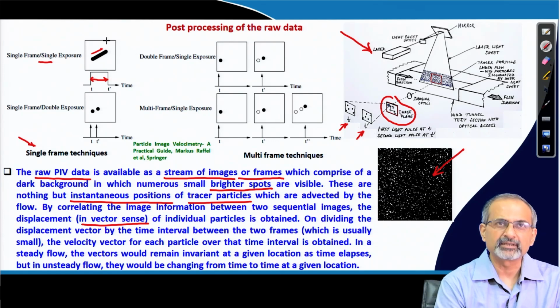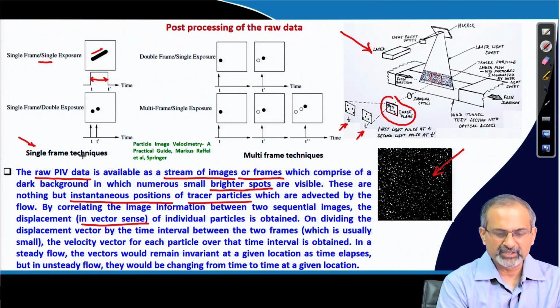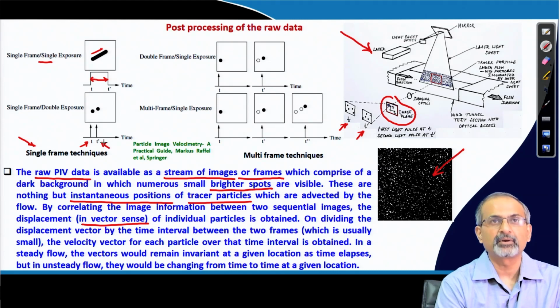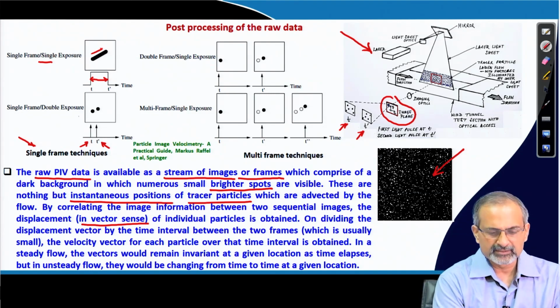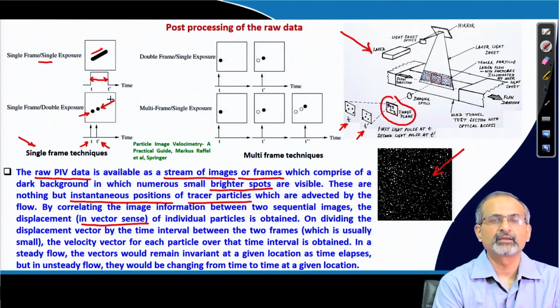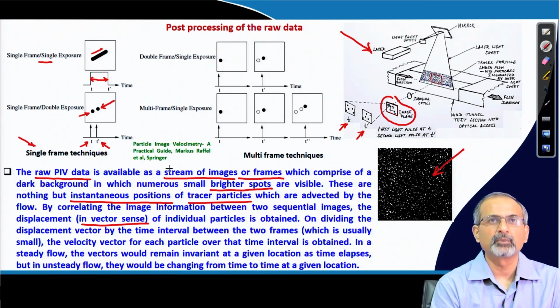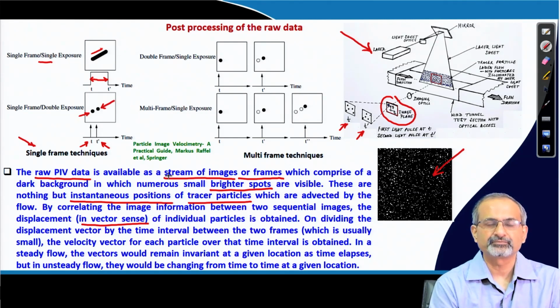In the single frame itself, if you had illuminated it by giving some laser pulses and opening the camera over a short period of time when the region was illuminated, then you would see the same particle at two distinct positions at the two time instants, which gives you a double exposure in the single frame.